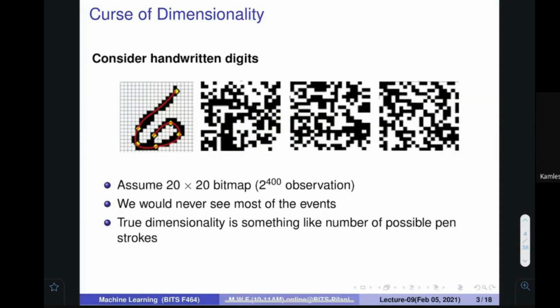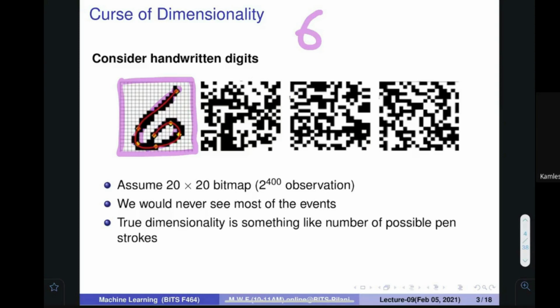This is actually a problem, and you can see it over here. For example, in this particular image, what is written on the screen is 6. If you want to write 6 into an image, the corresponding pixels you have to make black, and the other pixels are white.